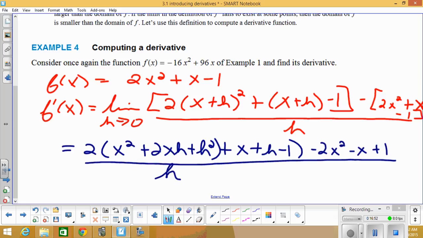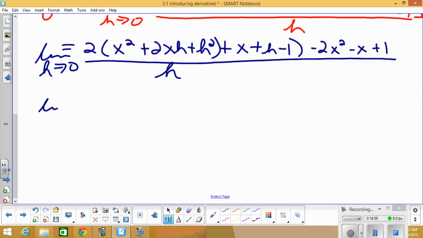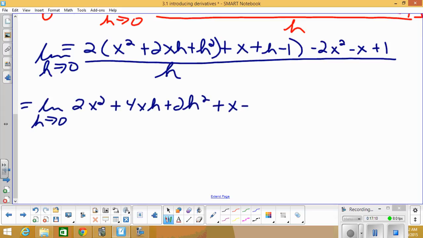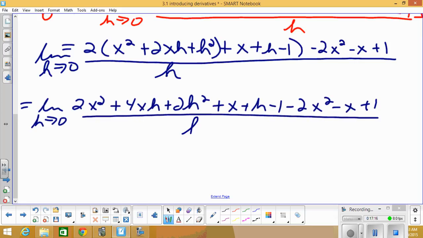Oh, I forgot my limit. Then keep going. Combine like terms. These reduce. The x's reduce.